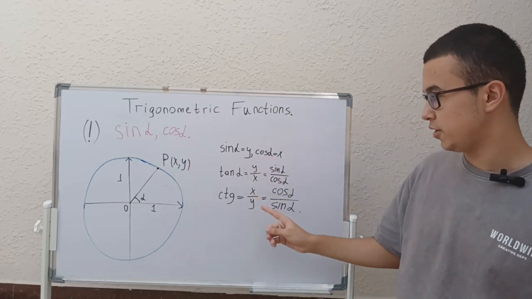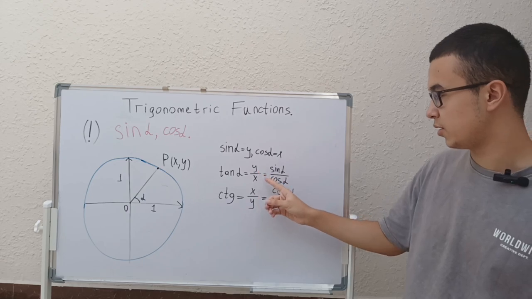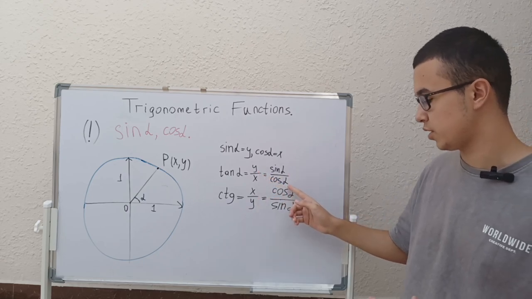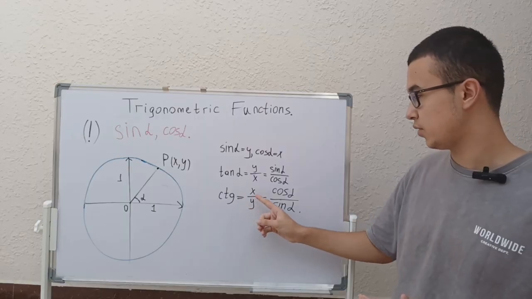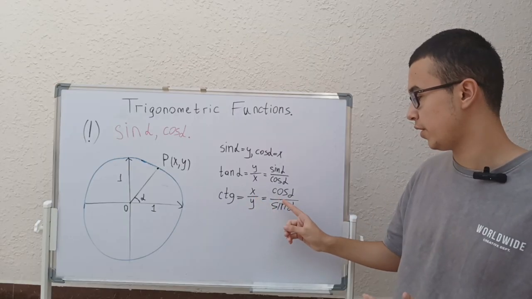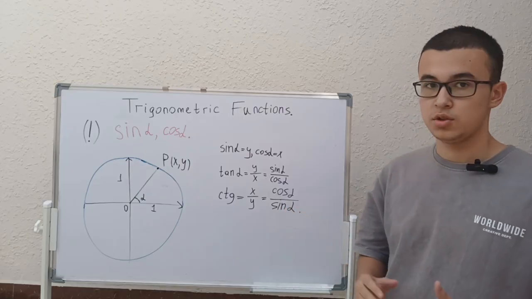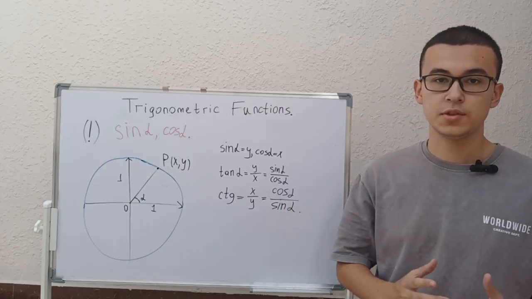And tangent alpha means y divided by x, or sine alpha divided by cosine alpha. And cotangent of alpha means x divided by y, or cosine alpha divided by sine alpha. So that was the definition of sine and cosine.